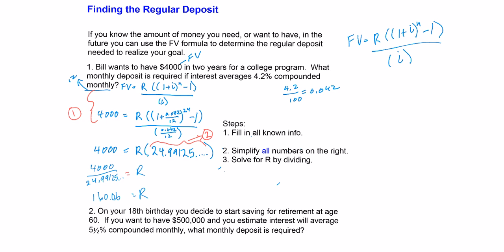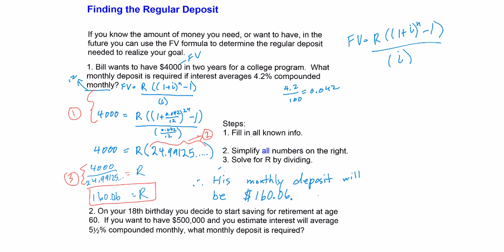Going back to our algorithm, solving for R by dividing is number 3. These are the 3 steps that you need in order to get what we're looking for, which is our final answer here. R is 160.06. So now I'm just going to quickly write the final concluding sentence.